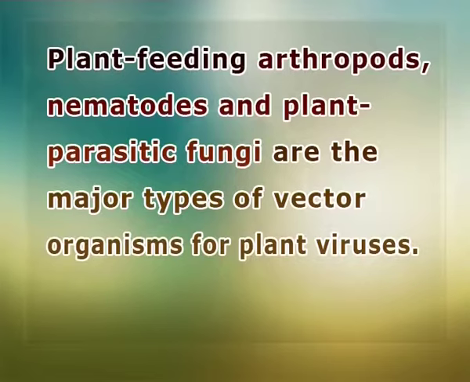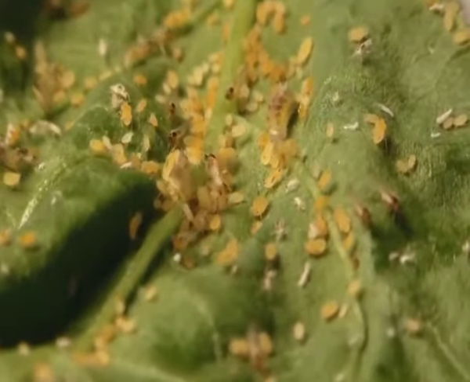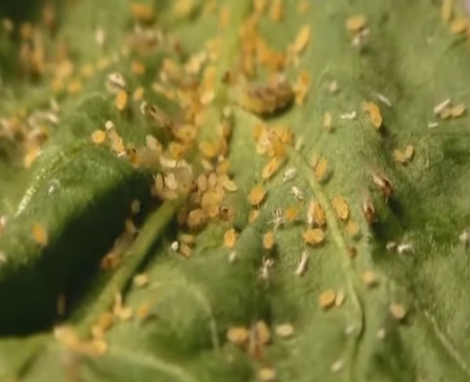Plant feeding arthropods, nematodes, and plant parasitic fungi are major types of vector organisms for plant viruses. Among these, aphids and whiteflies are capable of transmitting the largest number of virus species. Most viruses are actively transmitted to healthy plants in a matter of seconds, hours, or days by vectors.